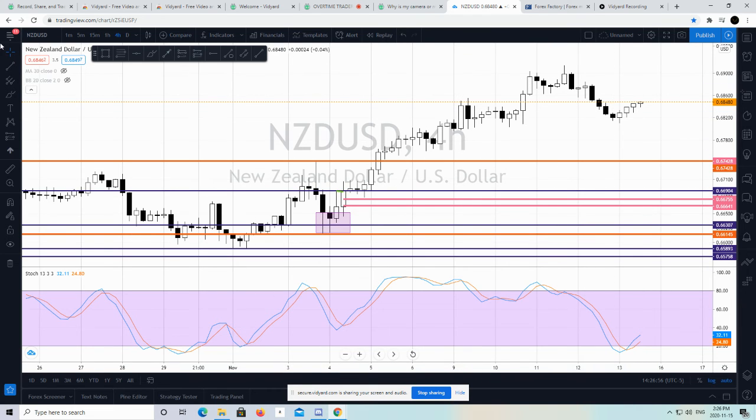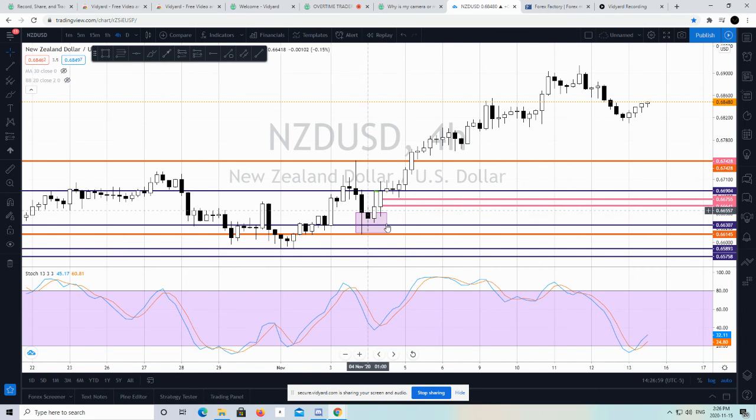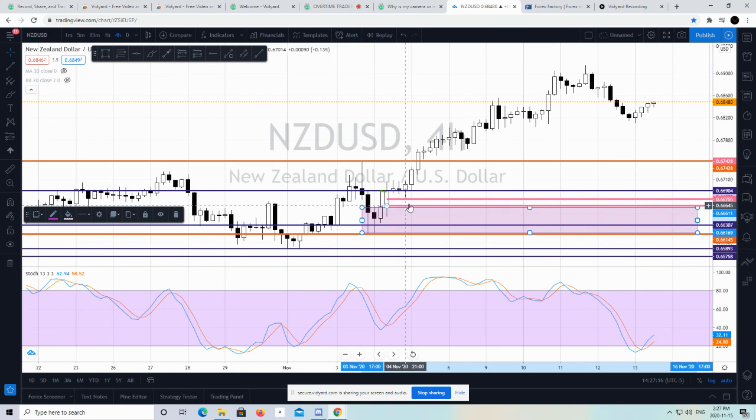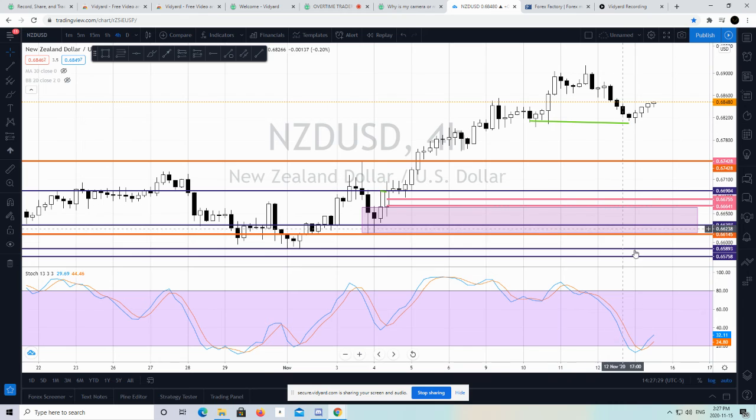We could definitely come back down into these levels and retrace to go higher, because there's a lot of imbalances on the downside, and there's also liquidity. We could take that out, come back lower to continue going. So NZD, I'm definitely bullish.